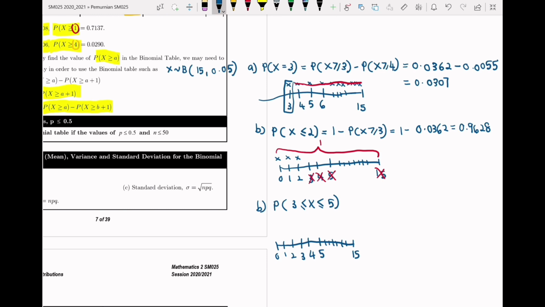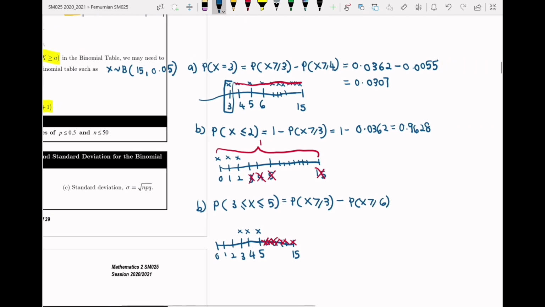Then we want to find the value from 3 to 5. So we will have P(X ≥ 3), because the table only gives greater-equal values, minus what we don't want. We don't want from 6 until 15.